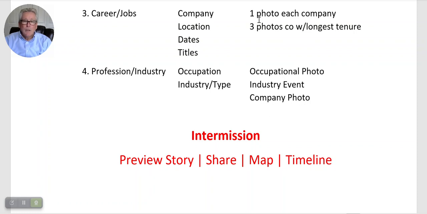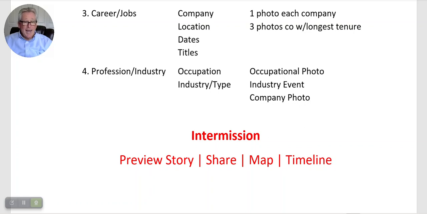So for photos, you can put in an occupational photo, you in uniform if you had a uniform at work, you at work, you at an industry event, maybe a company photo. A lot of companies take photos with all of the employees that you're in. So whatever 3 photos best represent your occupation and the industry and the time that you had a working life.